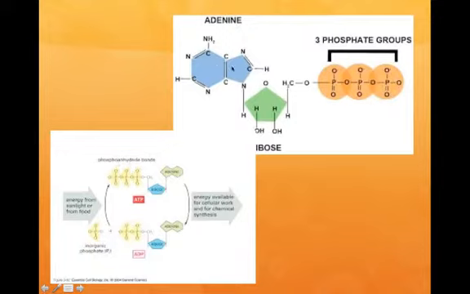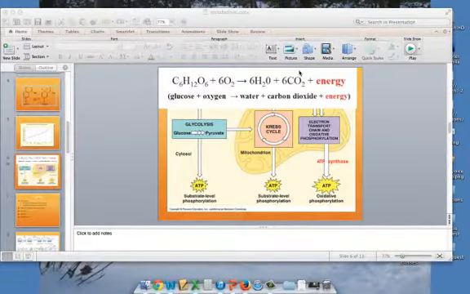And these two molecules are attached to three phosphate groups. The point of cellular respiration is to take ADP, adenosine diphosphate, with only two phosphates, and to force this third phosphate on to make the molecule more unstable, more reactive, so that we can then use the instability of this to drive other reactions.